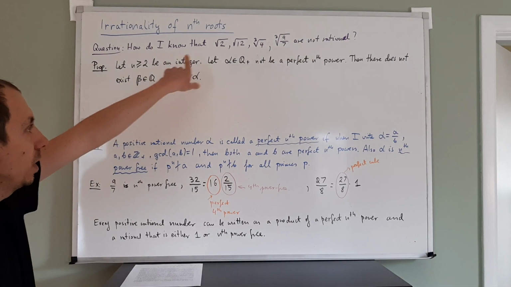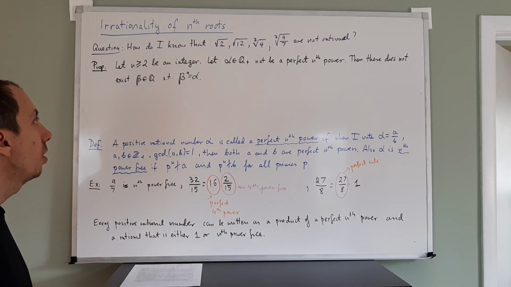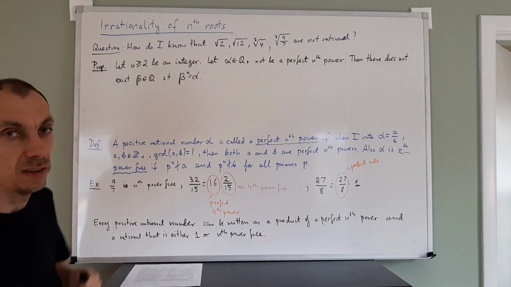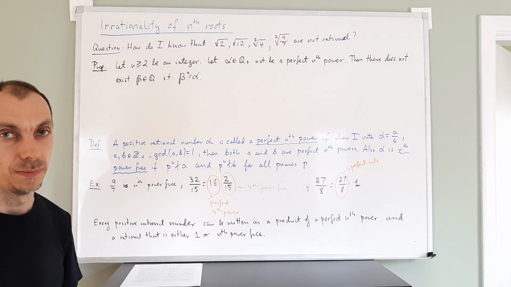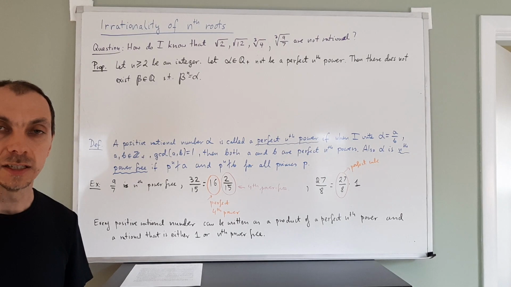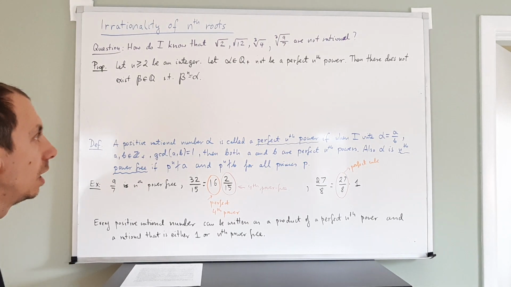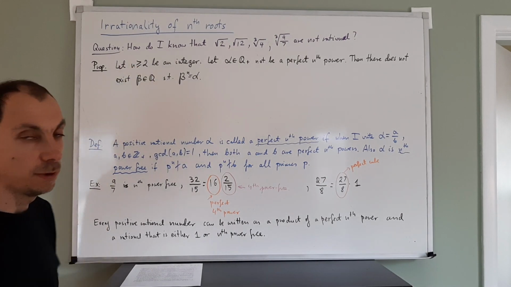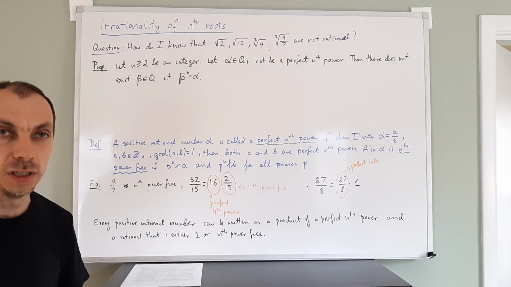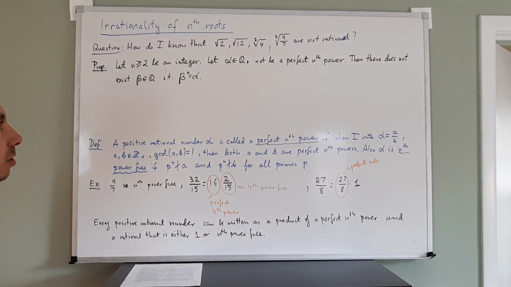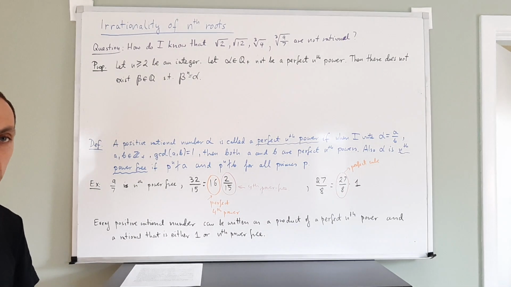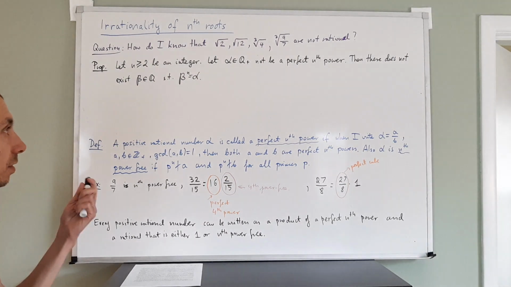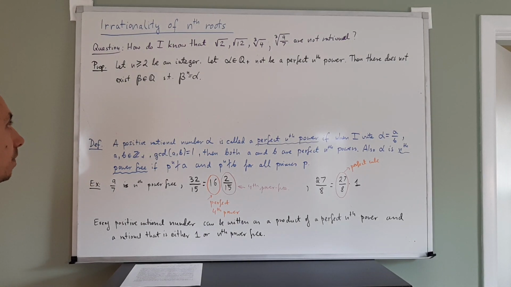So this can be rephrased by saying, if I have alpha, which is not a perfect nth power, then the nth root of alpha is not rational. It is real by this statement in analysis, but it's not rational. So I did not involve any real numbers in the statement of this proposition. It's somehow not necessary to involve them, but if you allow yourself to talk about real numbers and all their properties, then this is an equivalent statement.